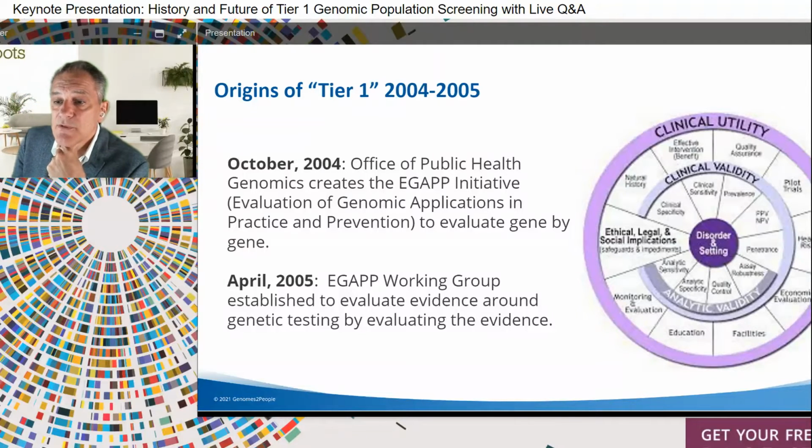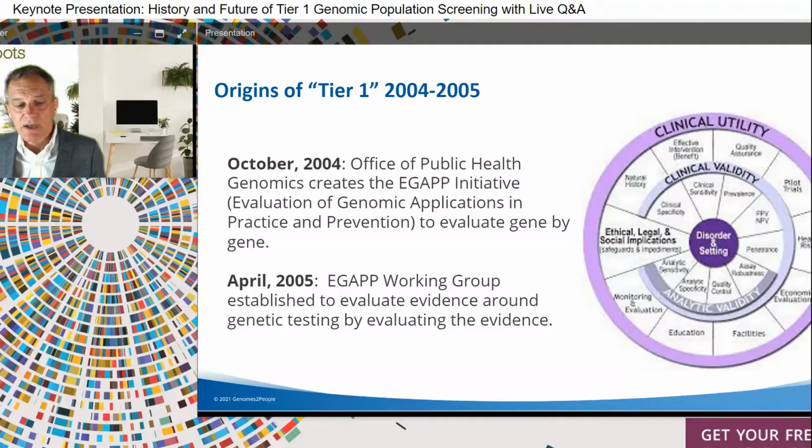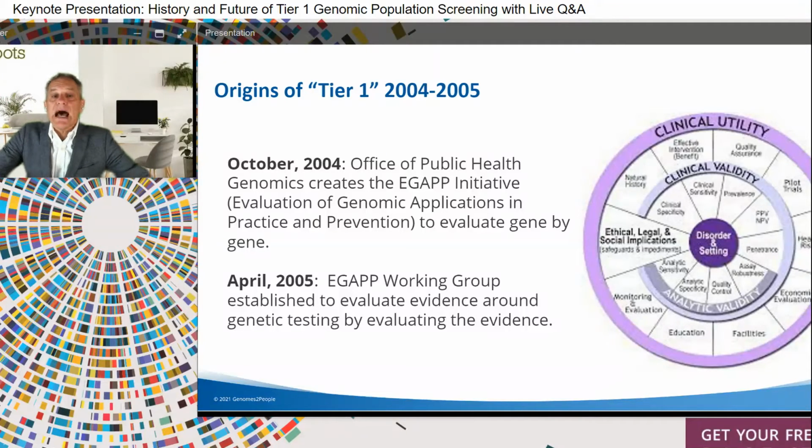You were supposed to think about first, was there analytic validity? Were we able to accurately measure the mutation, which has become something of a non-issue? Was there clinical validity? Was the gene and the specific variant specifically associated with the illness? Obviously, for something like BRCA1, it obviously is.